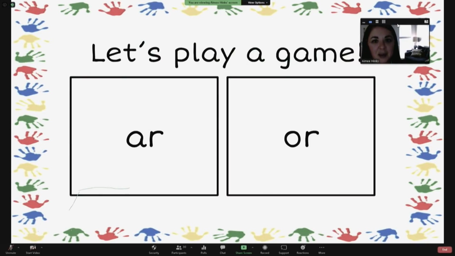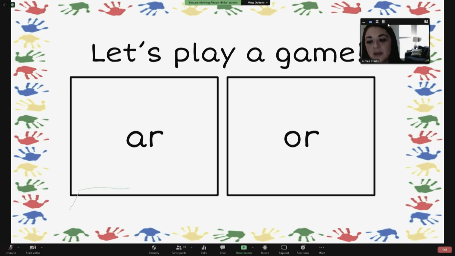You guys have become such great experts at reading and writing and spelling words with the R sound. So we are going to play a game to wrap up our time together. I know how much you guys like games. So on your other piece of paper that you brought with you, I want you to go ahead and just tear it in half. And on one of the pieces of paper, I want you to write the R spelling.